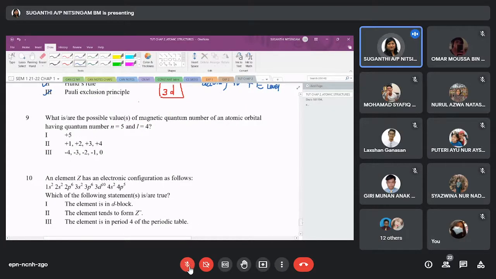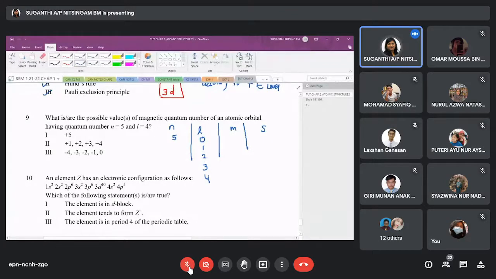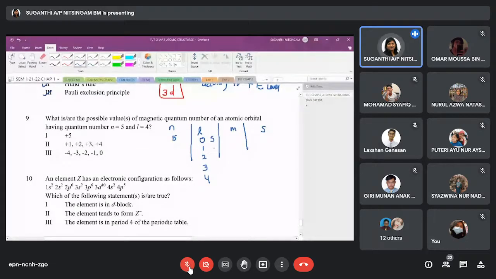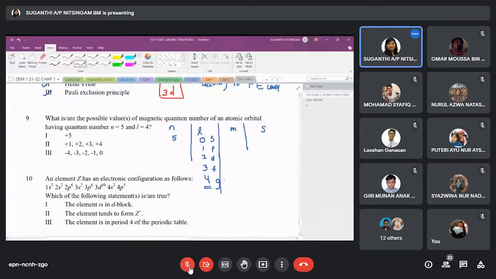What is or are the possible values for the magnetic quantum number of an atomic orbital having N equals 5 and L equals 4? You must understand. If you are confused, write N, L, M, and S. N is 5, L will be 0, 1, 2, 3, 4. It must be 5 values, but one less than 5, so 4. So these are S, P, D, F and G. You haven't studied it but they just give it. So if here is 4, here it starts from what?